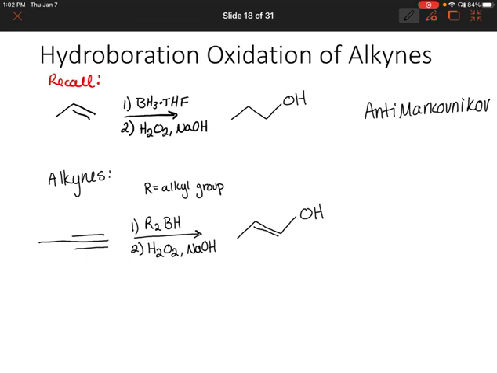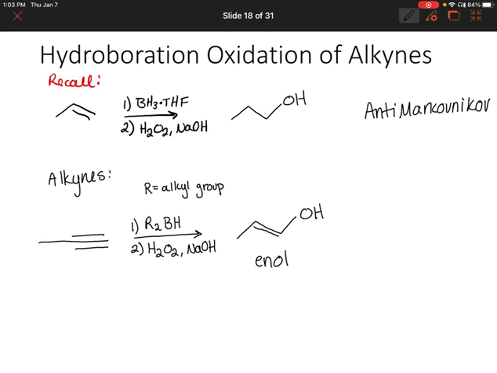An enol. So if you have an alcohol next to a double bond, that's called an enol. And remember in the last video where we talked about acid catalyzed hydration, we said that enols in the presence of an acid will quickly transform into a ketone. And it does exist in equilibrium with the ketone, but the ketone is the preferred structure.